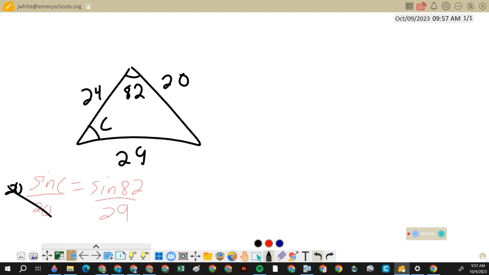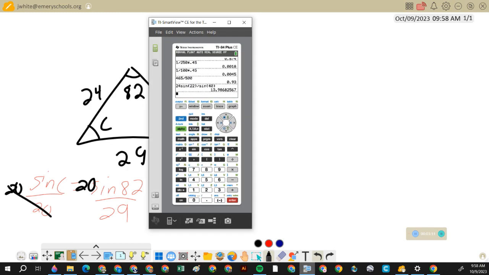So times by 20. So the sine of C is 20 sine 82 over 29. So 20 sine 82 divided by 29. So the sine of C is 0.68. How do we find C? Inverse. Good. Inverse sine of the answer, 43.